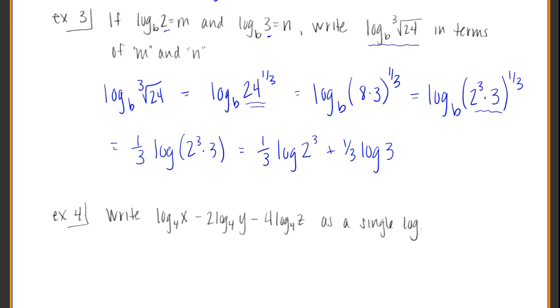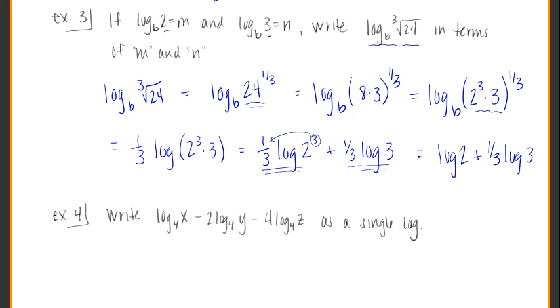This 1/3 log 3 is done, there's no exponent, so we can stop there for a second. On the front one, let's bring that 3 down front and multiply it in. 3 times 1/3 is just 1. So it's going to be log of 2 plus 1/3 log of 3.